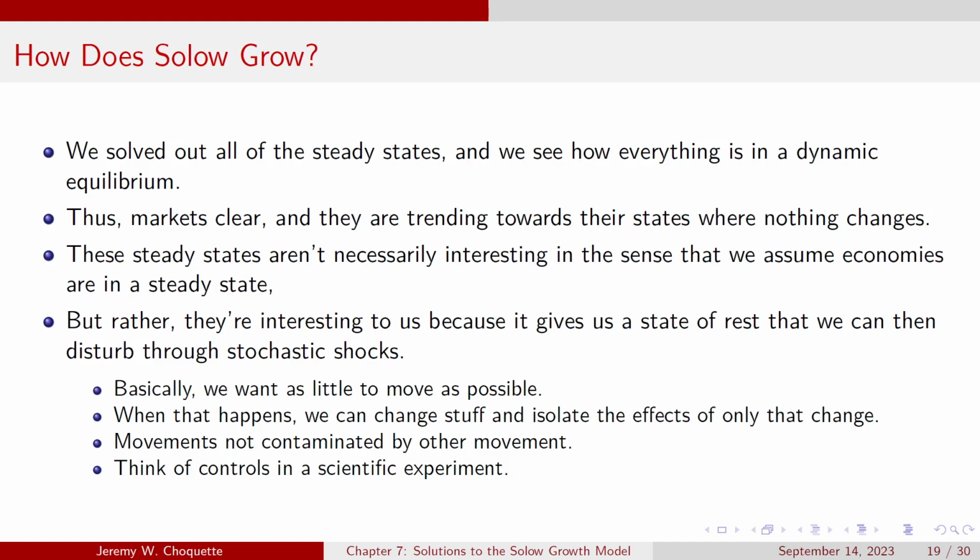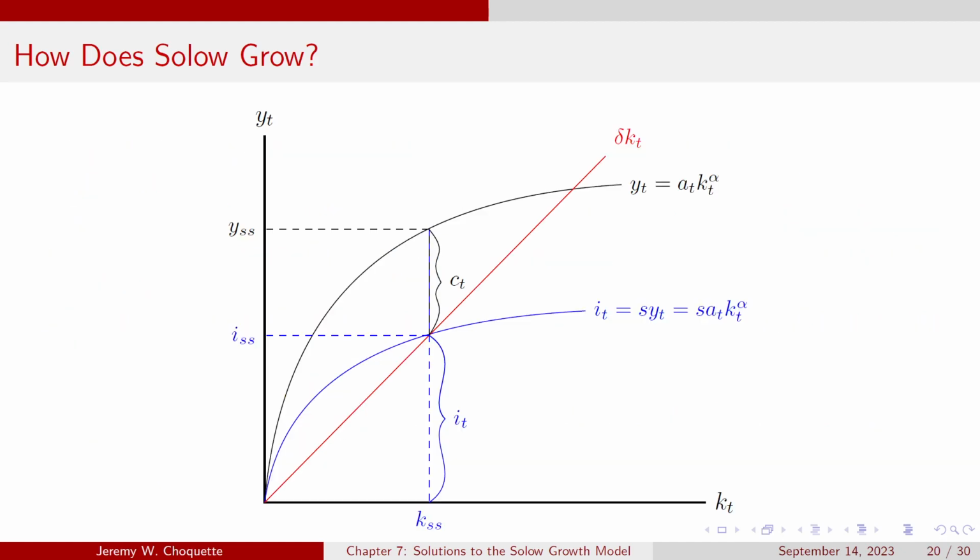It's kind of like having controls in a scientific experiment, right? You want everything to remain constant except that one little thing you want to tweak. So if we put everything into a steady state, and then we can change something, we can see how things will change based on just that one guy moving, not everything else as well.